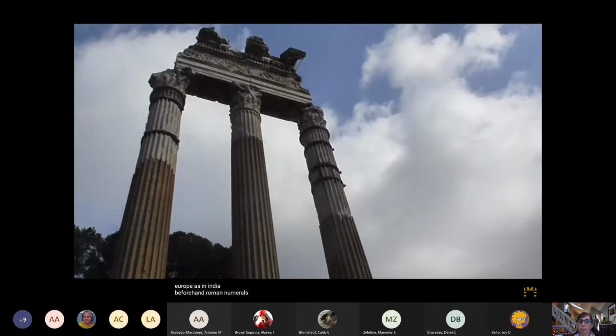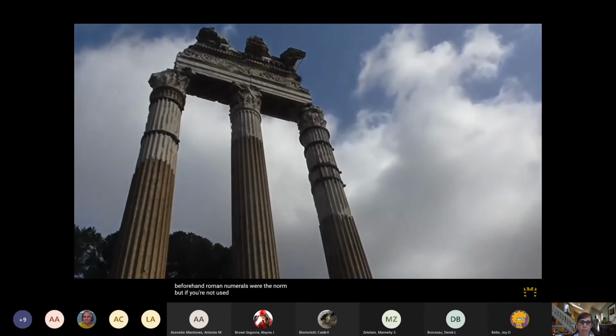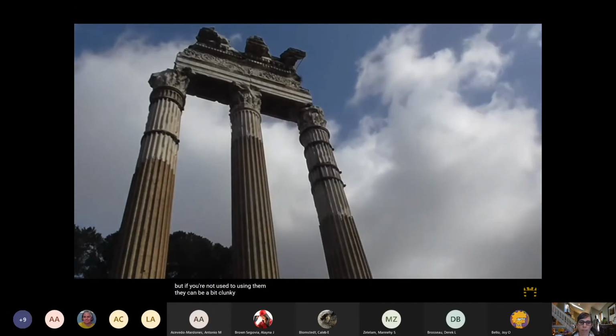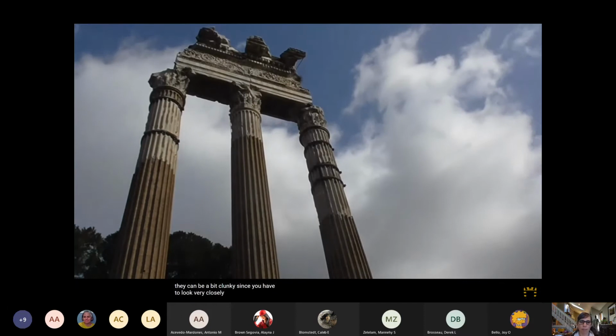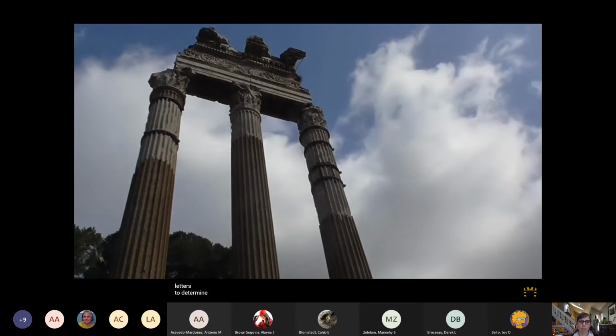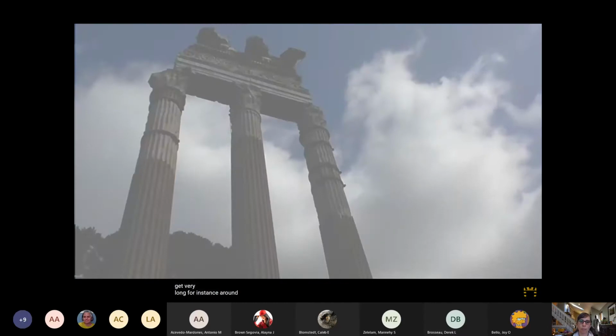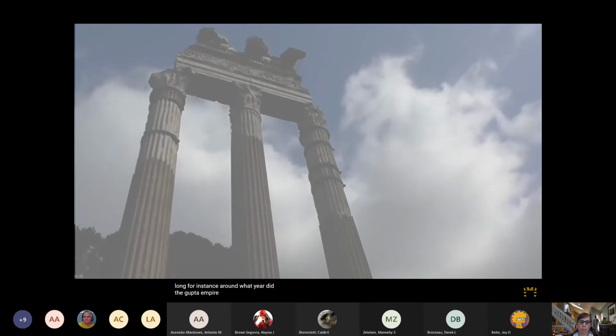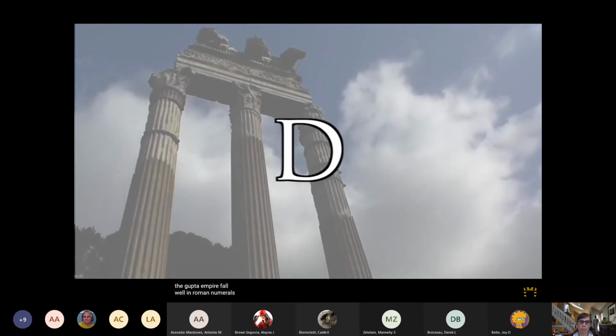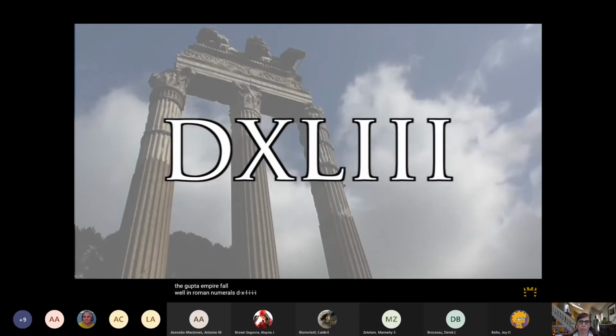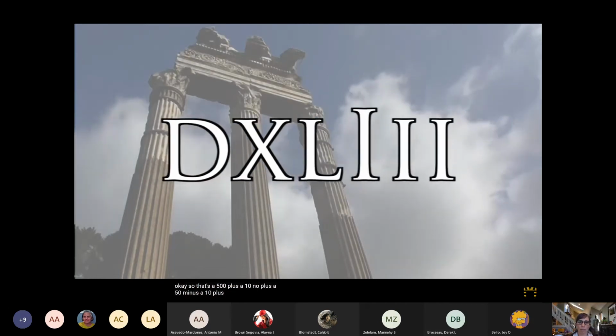Beforehand, Roman numerals were the norm, but if you're not used to using them, they can be a bit clunky, since you have to look very closely at the order of the letters to determine their meaning, and they can get very long. For instance, around what year did the Gupta Empire fall? Well, in Roman numerals, DXLIII. Okay, so that's a 500 plus a 10, no, plus a 50 minus a 10 plus 3 ones.